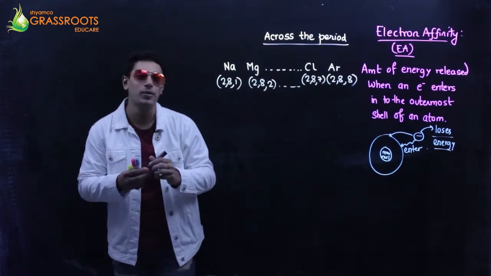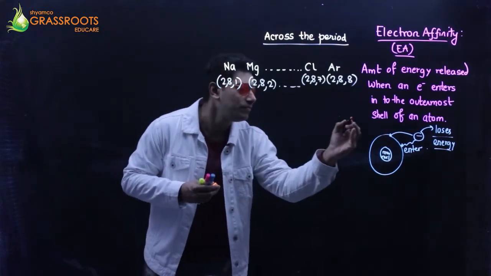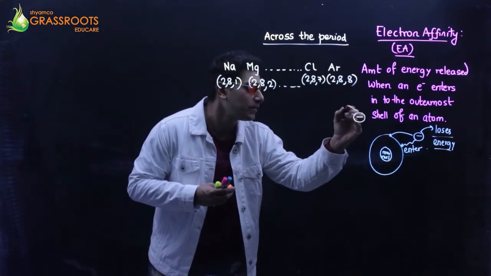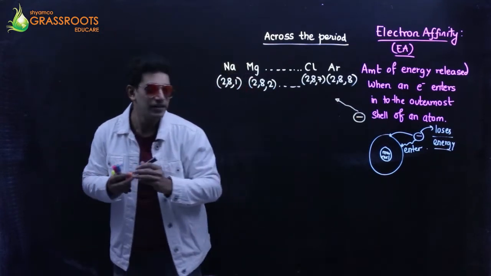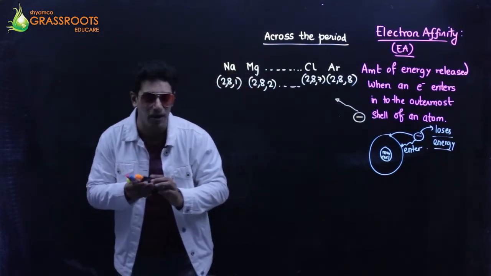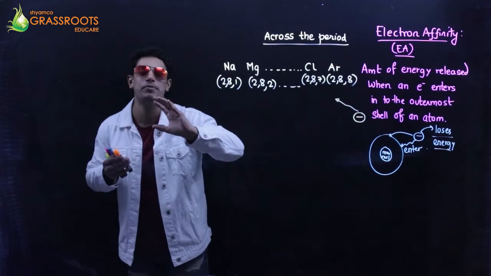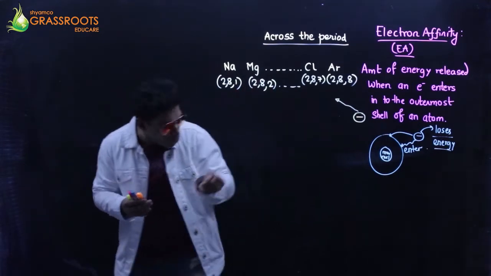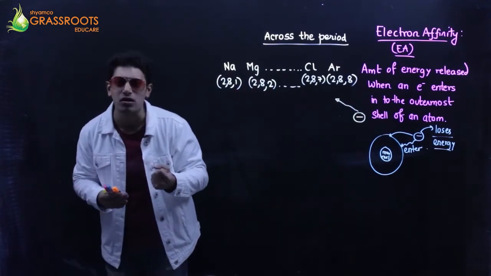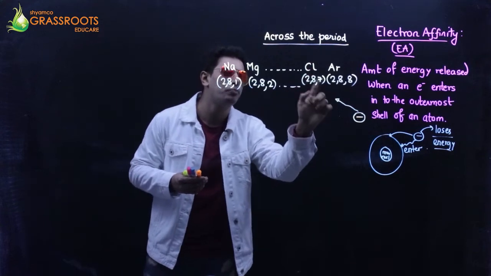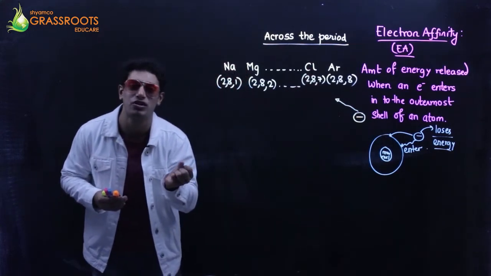Now answer my simple question. There is an electron out here. An electron is coming in its path. Where will electron prefer to go? Who will pull the electron stronger? Can I say chlorine will pull this electron more strongly?